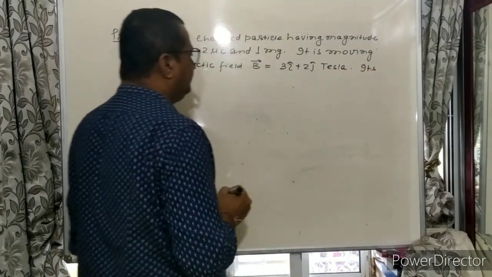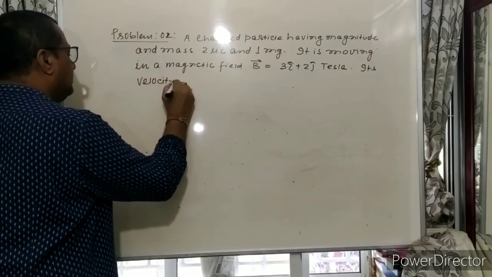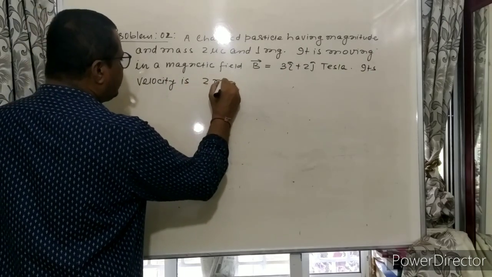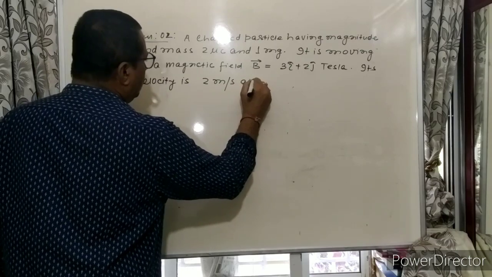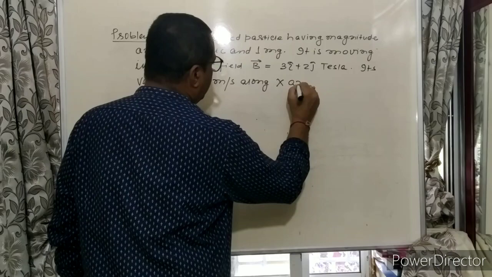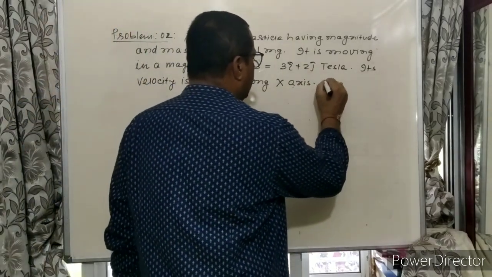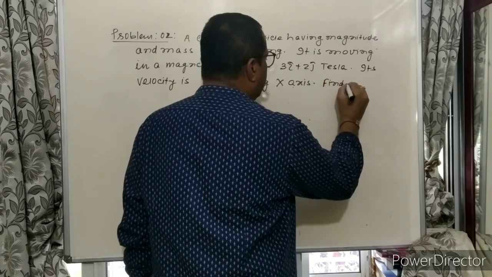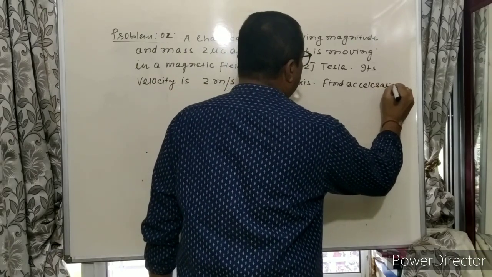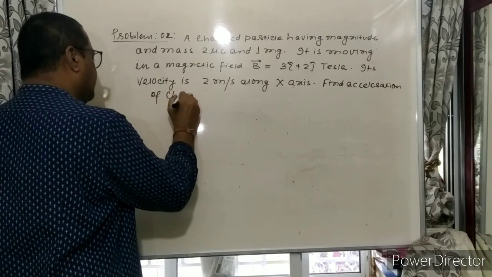Its velocity is 2 meters per second along the x-axis. Find the acceleration of the charged particle.